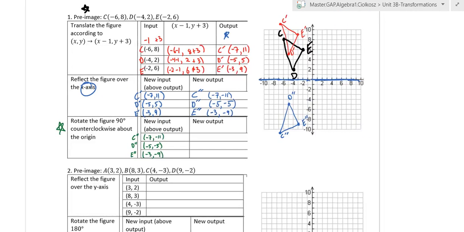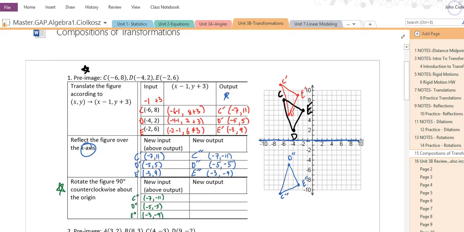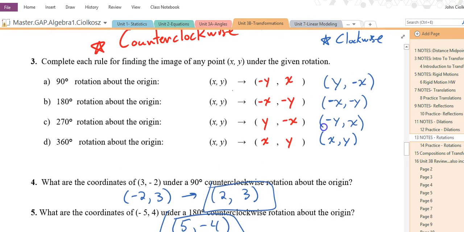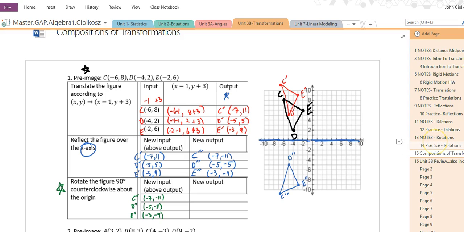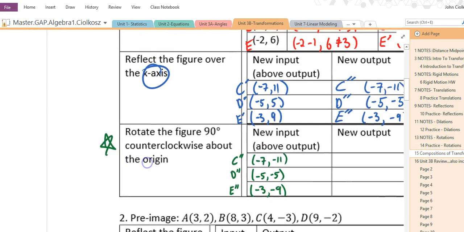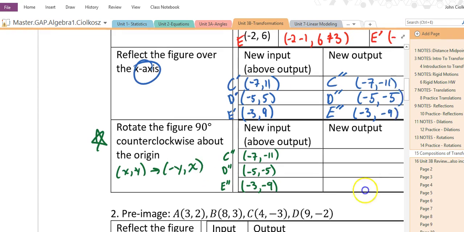So let's take a quick glance back here, because I didn't expect you guys to memorize these. We want counterclockwise 90 degrees. So, flip the order and the first thing turns negative.